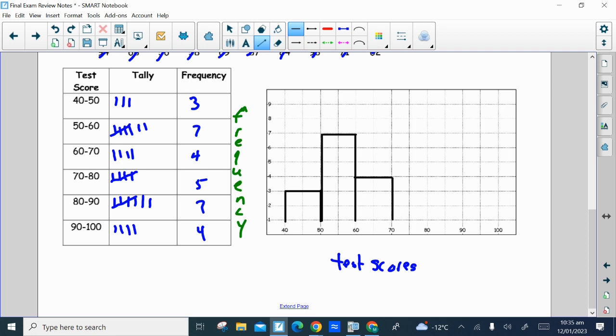And actually, I didn't go down far enough, so I'll fix that. I should have gone down to the very bottom. So 70 to 80 is a height of 5. 80 to 90 is a height of 7. And 90 to 100 is a height of 4.